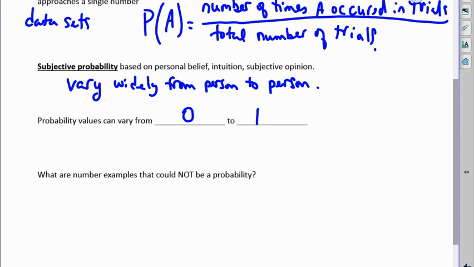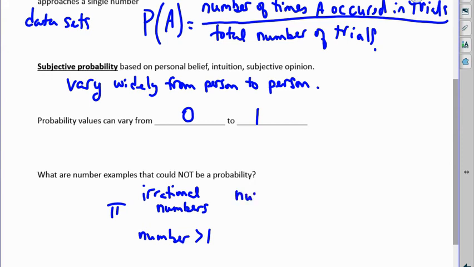So what are some values that are not probabilities? Well, pi is not a probability. Why? There are 2 reasons. Irrational numbers are not probabilities. Also, pi is greater than 1. So any number greater than 1, and also any number less than 0, can't be a probability.